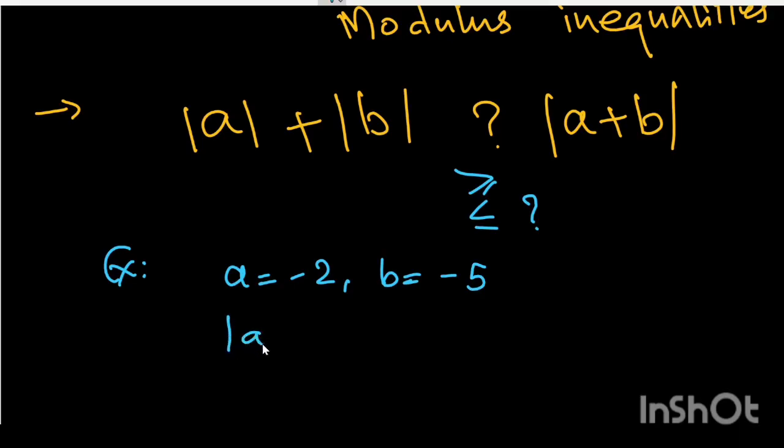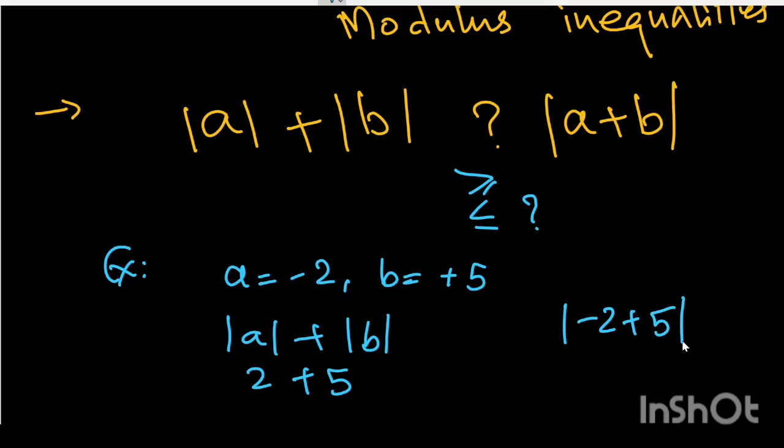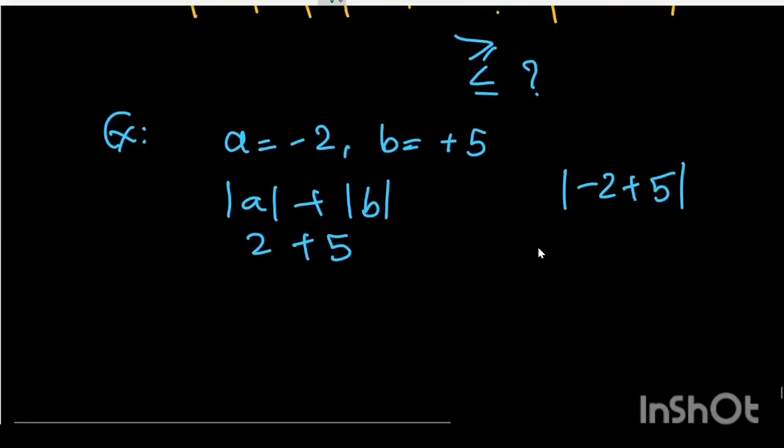So mod a plus mod b becomes 2 plus 5, and a plus b, let's say b is 5, guys. So a plus b is what? Minus 2 plus 5, it gives you 3. So guys, as you can see here, the greater than sign should come.